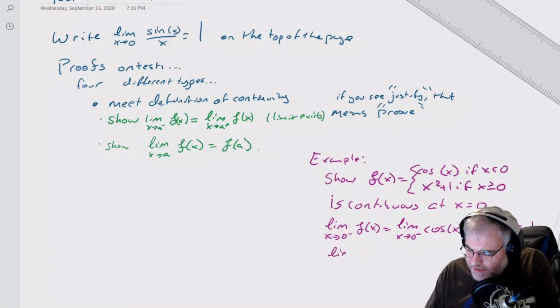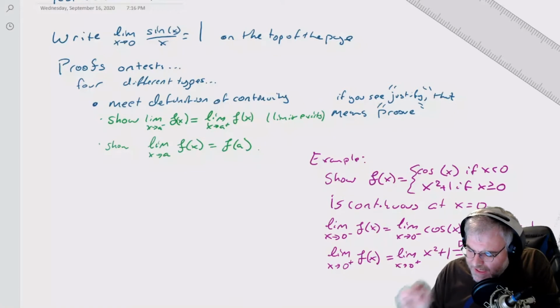The limit as x goes to 0 right of f of x equals the limit as x goes to 0 right of x squared plus 1 equals, with a direct substitution on a polynomial, 0 squared plus 1 equals 1.